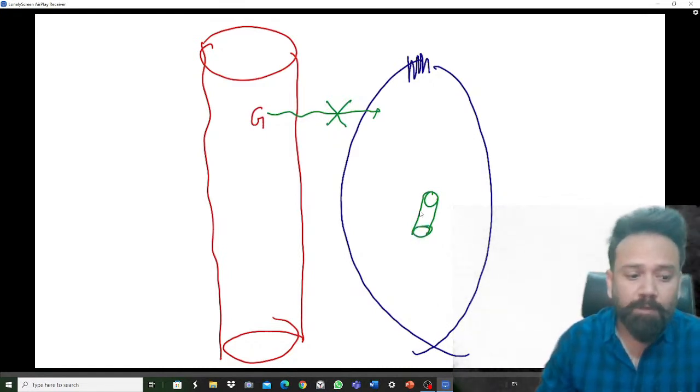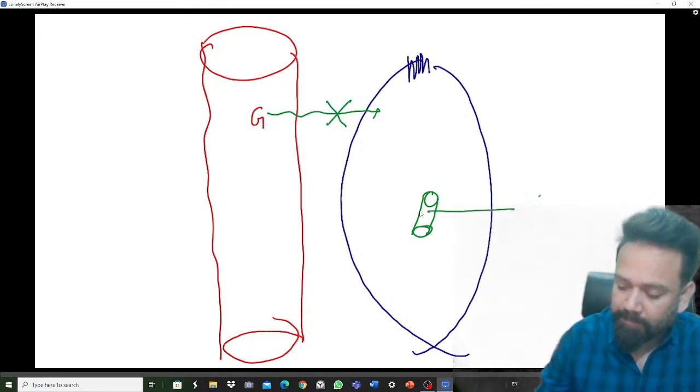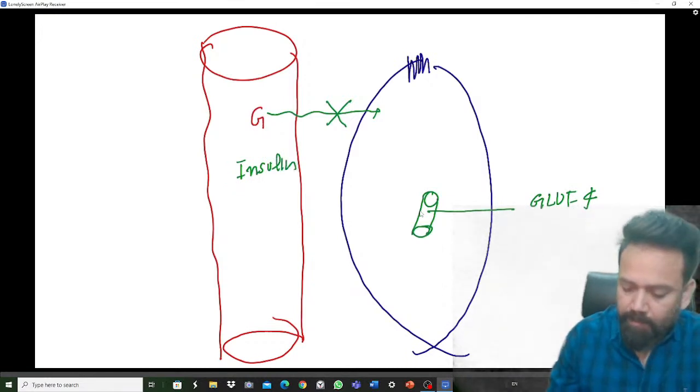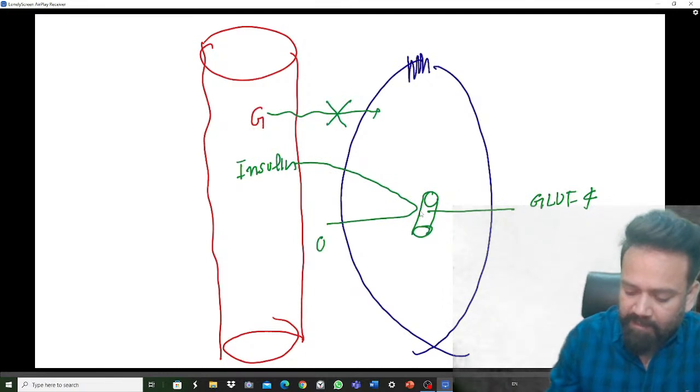It is not in the periphery. So when insulin comes, it will act here and cause peripheral translocation of glut 4.